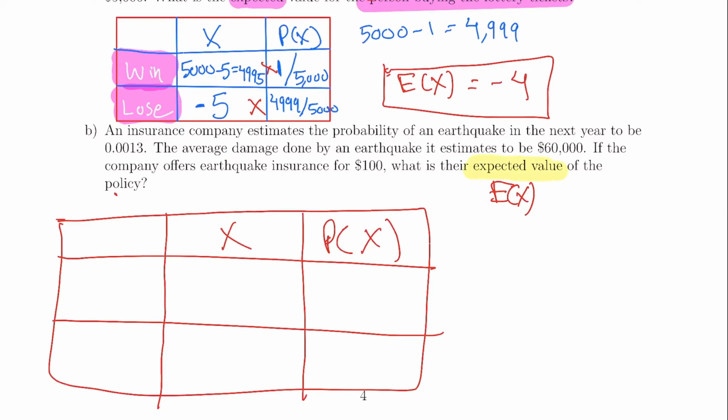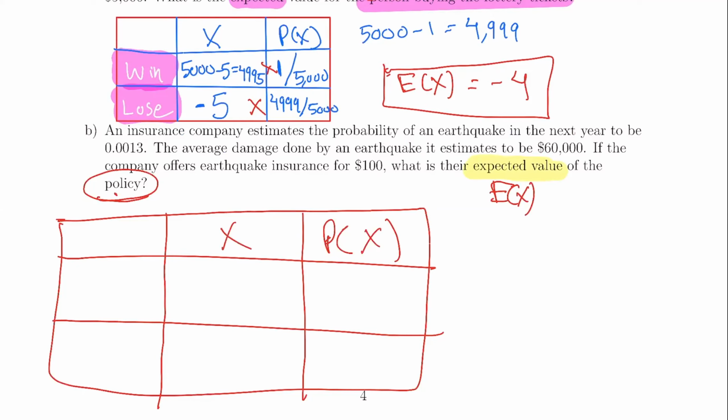For this one, we're going to do it for the insurance company. So if they have to pay out, that means they're losing money. If they don't have to pay out, that means they keep the money. So that's how we're going to distinguish a positive and a negative. If you read the problem, there are two events that can happen.